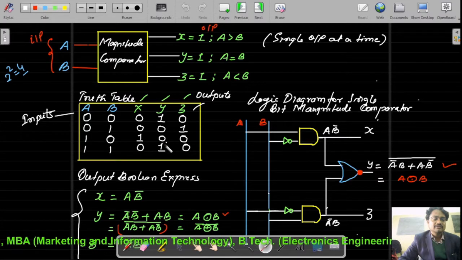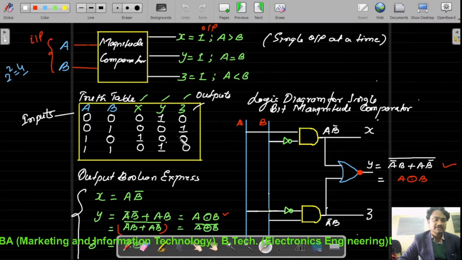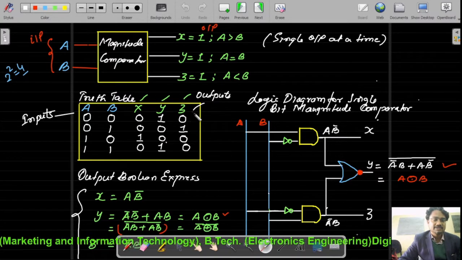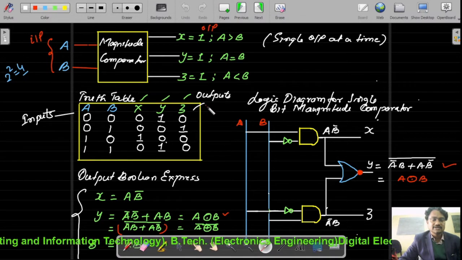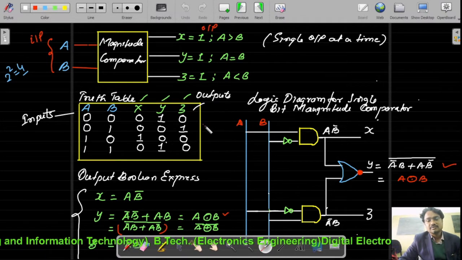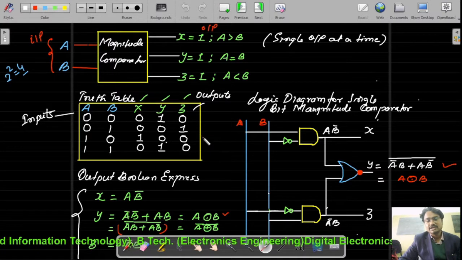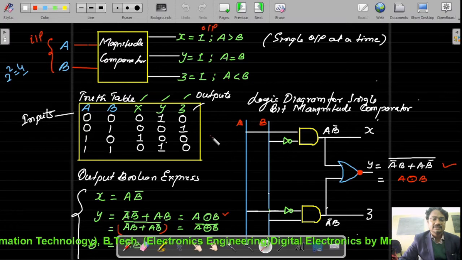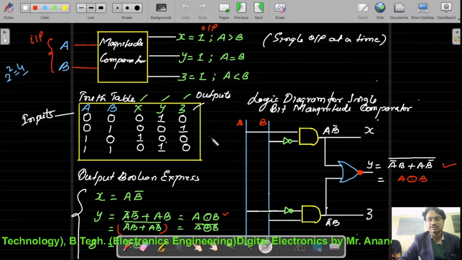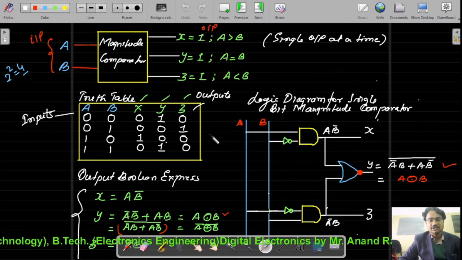Then we write the boolean expression for the output, which represents the boolean function of that system. And finally, that boolean expression needs to be simplified, either by boolean algebra or the Karnaugh map, and the simplified expression is then implemented using the basic logic gates.